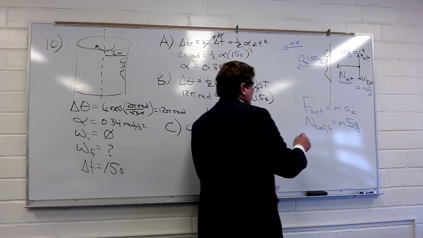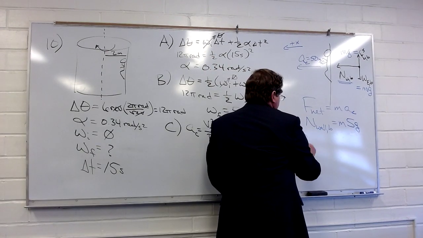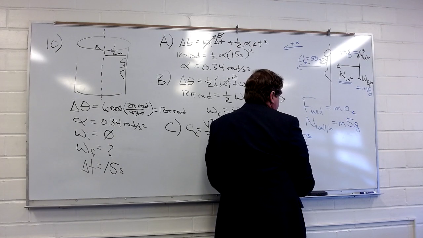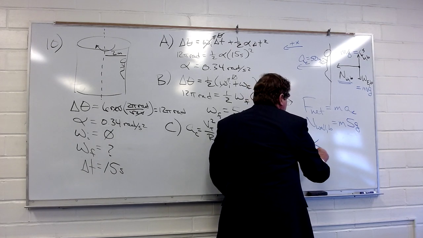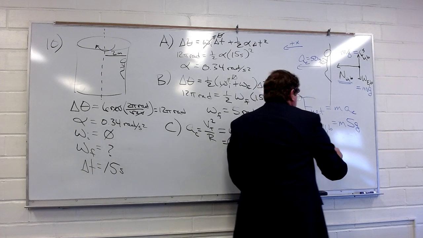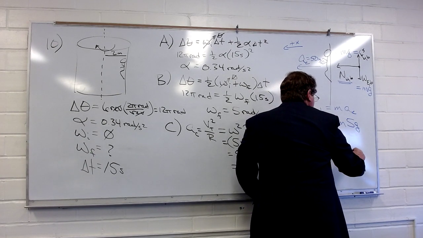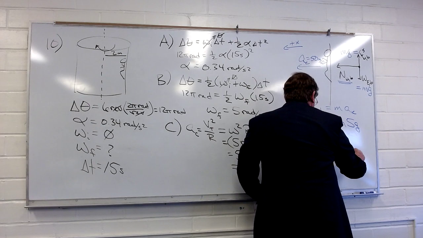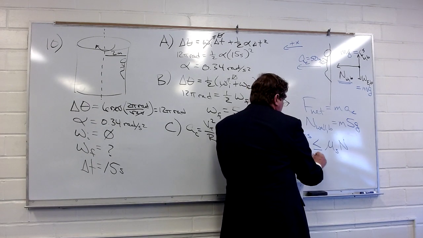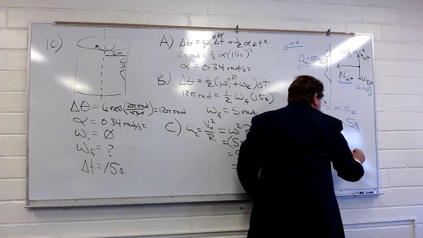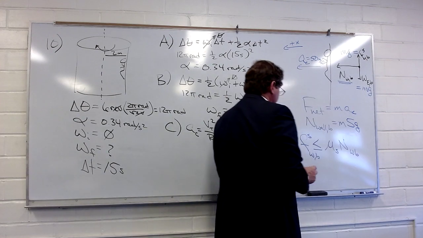So if I look at the equation for static friction, it has to be less than or equal to mu sub s times the normal force. Okay? If this is the friction by the wall on Billy, this will be the normal force by the wall on Billy.